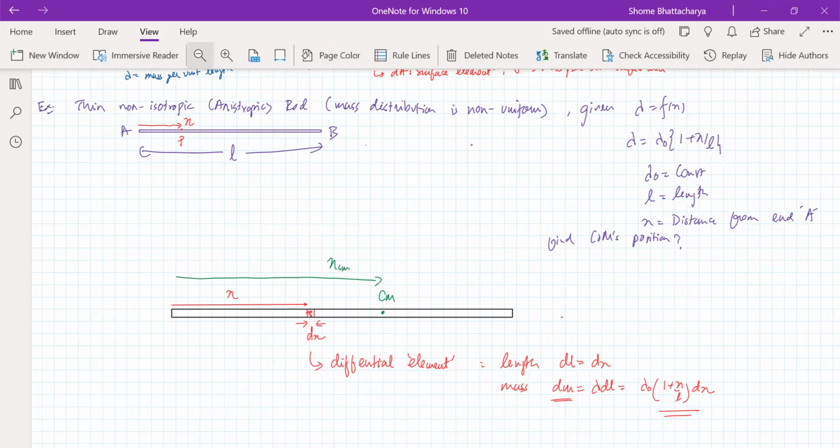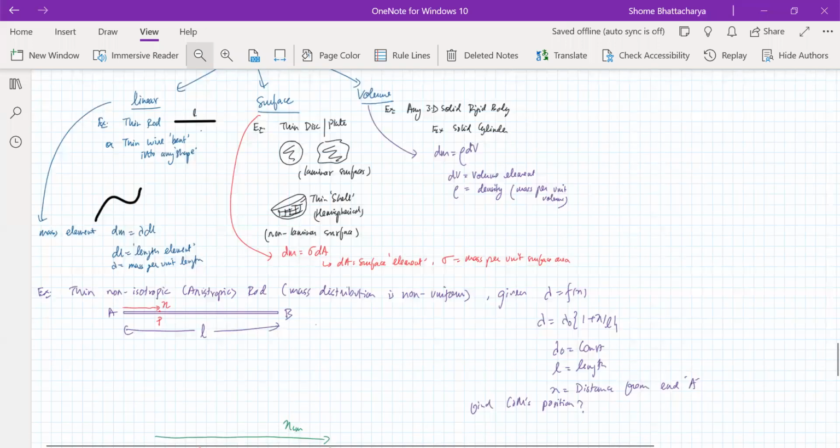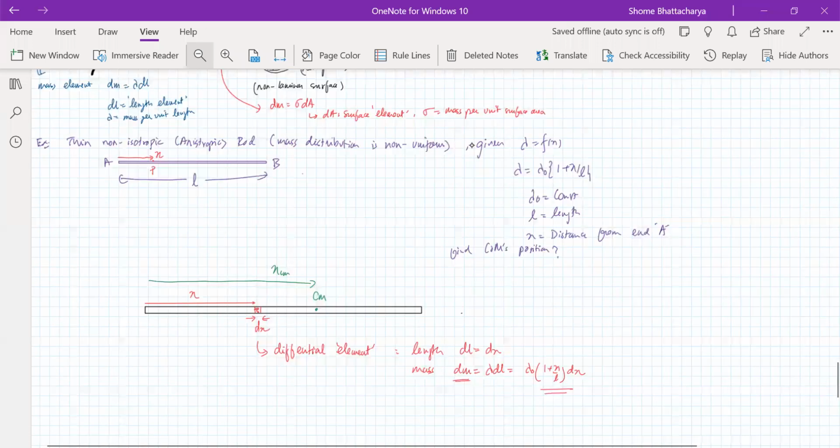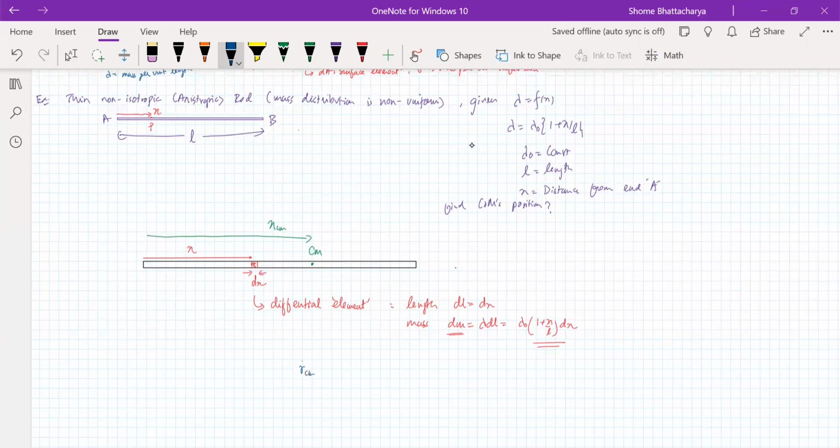So I'll convert that vector relation into a one-dimensional equation now. The general equation that I have is R_CM equals integration R dm divided by total mass. In this, I will convert this to X_CM equals integration x dm divided by total mass, where total mass is integration dm, and dm is lambda dl, which is lambda naught (1 plus x by L) dx.